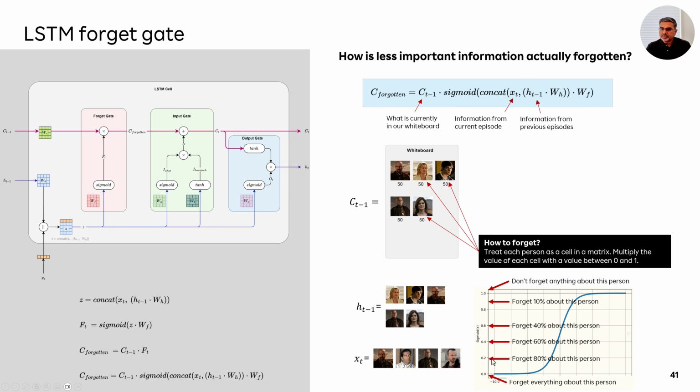If the sigmoid value is, let's say, 0.2, you are retaining 20% and forgetting 80% of that information, because a number multiplied by 0.2 will keep 20% and the remaining 80% is thrown away. So the sigmoid function is a great function that can be used if you want to forget or downgrade the score of those values that already exist in our whiteboard. That is the reason why the forget gate essentially uses a sigmoid.